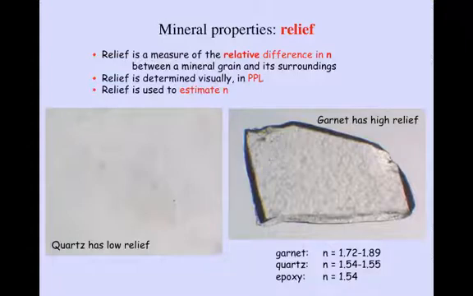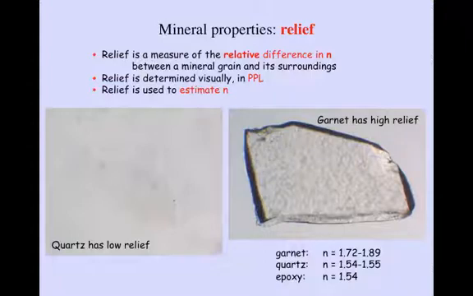The reason that we see that relief is because these grains are mounted in an epoxy that adheres them to the glass slide that they're on. The refractive index of the epoxy is about the same as quartz, so there's very little difference in the refractive index, and so it has low relief.